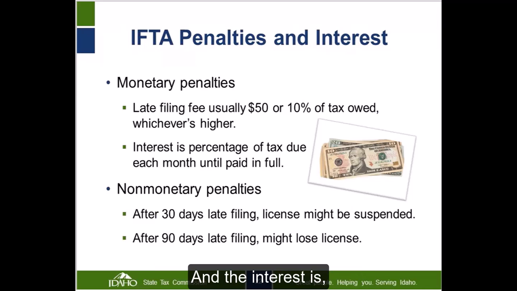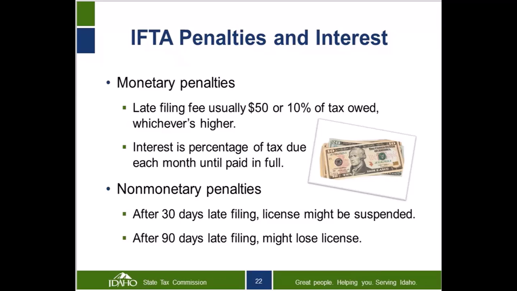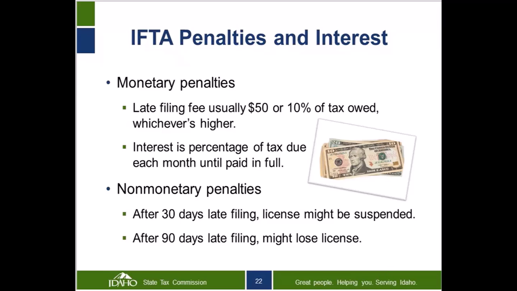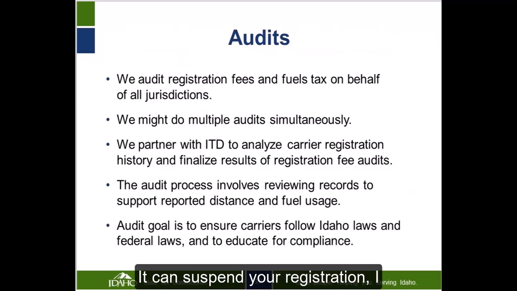And the interest is a percent of the tax due each month until it's paid in full. And then non-monetary penalties, if you don't file, you could have your license suspended, and you might lose your license. And ITD can also suspend your license. They can suspend your registration, I should say.